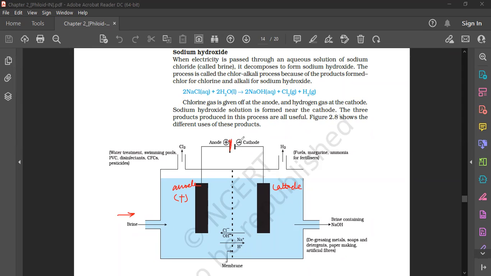Cathode is the one which is connected to the negative terminal of the battery. Clear up to this?